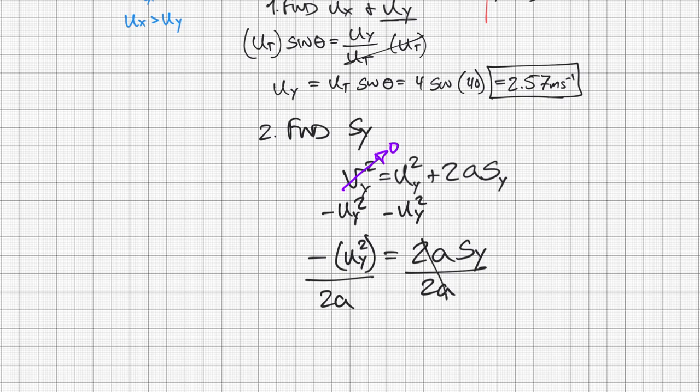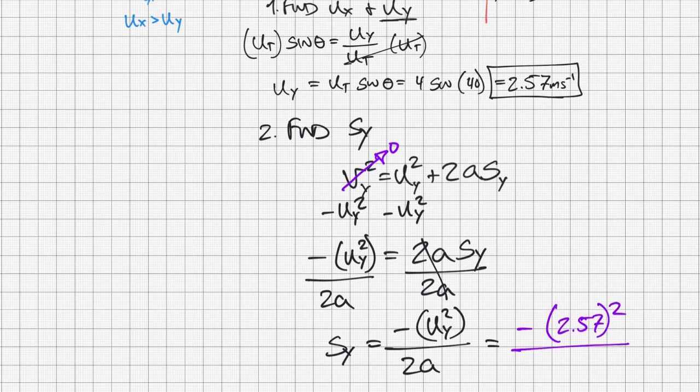It gets rid of this side, and I'm left with SY equals negative UY squared over 2a. Now, why that's important is because when we plug this in, some things should cancel out. It's going to be a negative, and then this is going to be, what do we say, 2.57 squared divided by 2 times negative 10. My negatives here should cancel out.